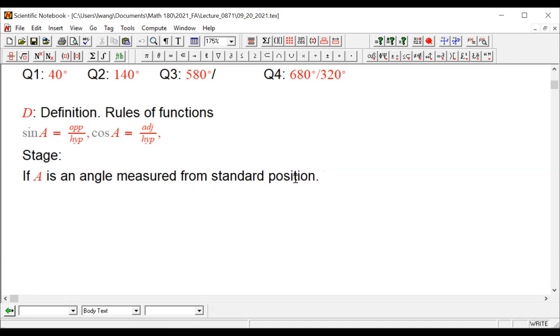Okay, and a point x comma y on the terminal side of theta.